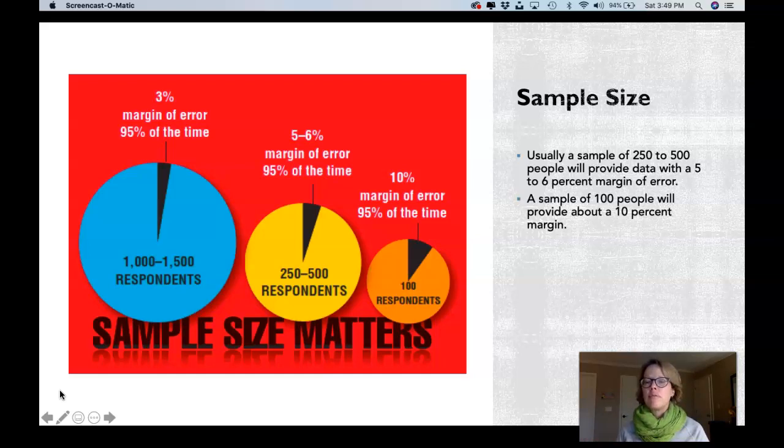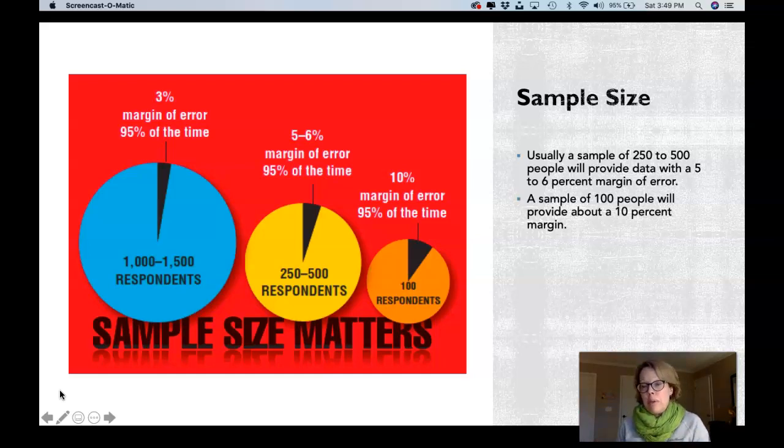So let's say it's Joe Biden and Donald Trump, and before the election, Biden has a 40% approval rating or chance of being elected, and Trump has 45%, but the sampling margin of error is 3%. That would basically mean it was tied, because 48 could go up to 51, or 48 could come down to 45. The larger the numbers you have, the smaller your margin of error usually is, and smaller, of course, is better.